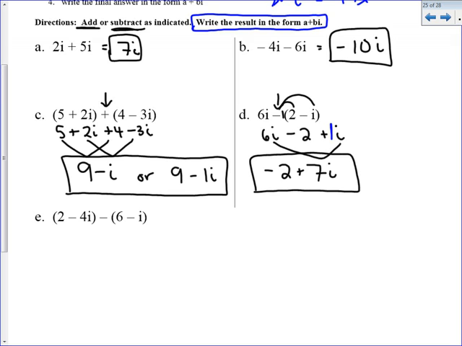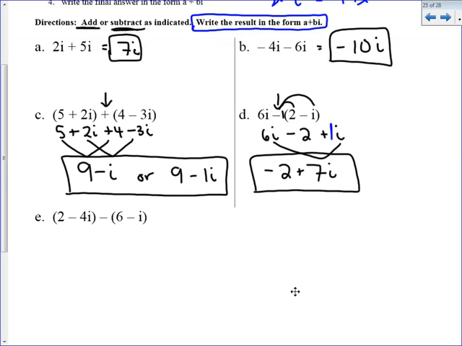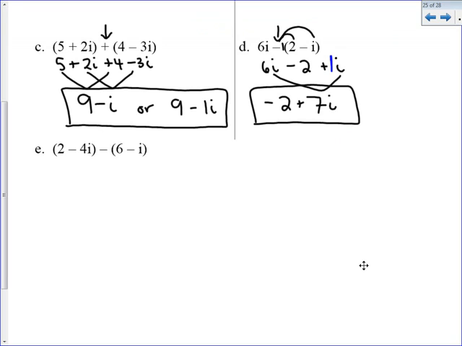So go ahead and try E. See if you can subtract those two. Let's go. The only ones you really have to be careful on are the subtraction problems. Addition problems, just like the first day, you take them out of the parentheses, you combine your like terms. Don't make these problems multiplication. Word of warning. And people are still going to do it.